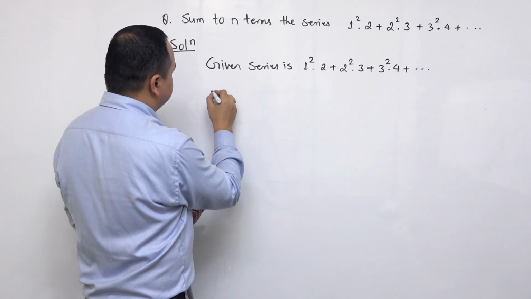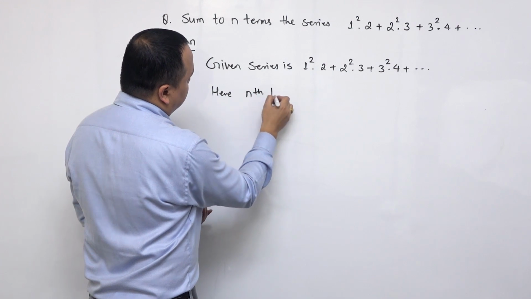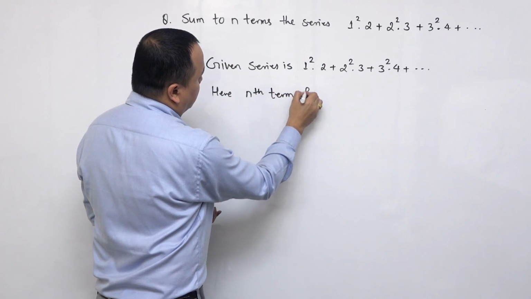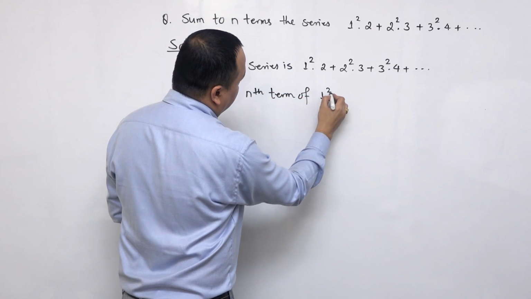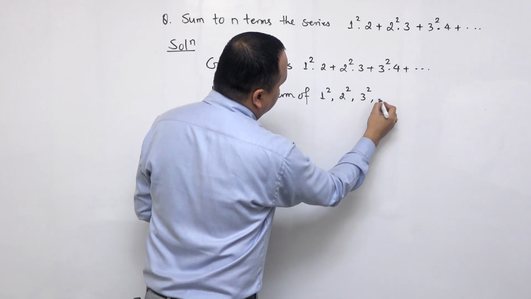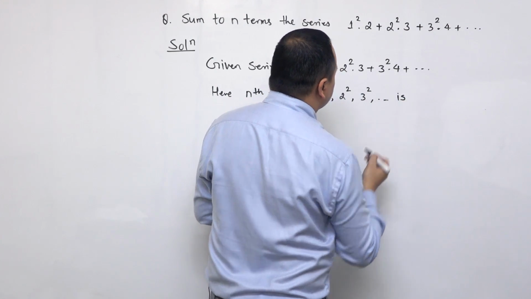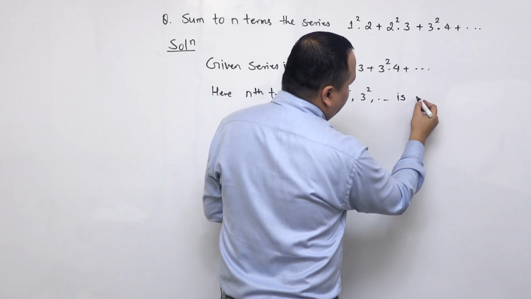Here nth term of 1 square, 2 square, 3 square, dot is just n square.